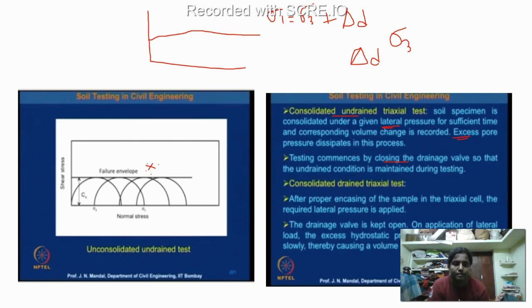Because of that, we call this deviator stress in another term. You are simply applying load at the top, and the sample will fail. In consolidated drained, the drainage valve is kept open throughout the test.